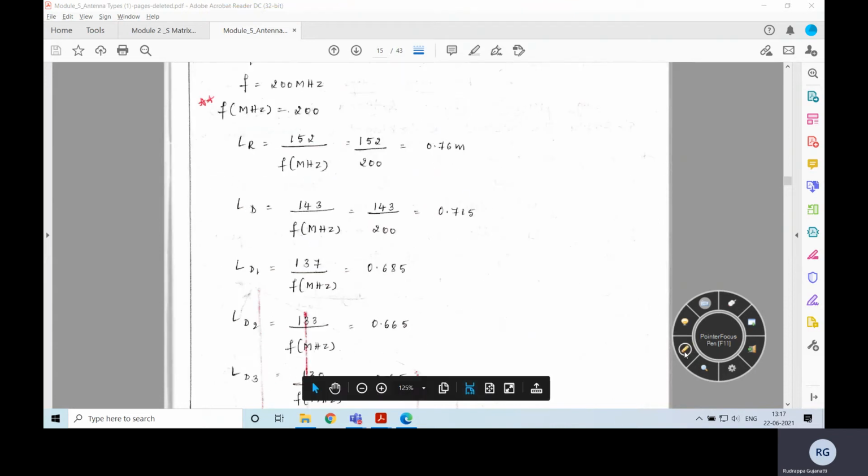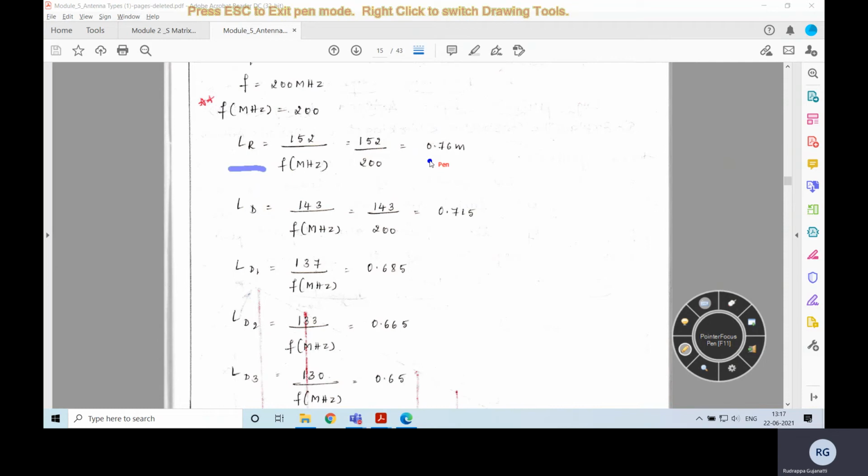Now let us identify the lengths based on the equations we have discussed. For the given frequency, the length of the reflector turns out to be 0.76 meters. The length of the driven element is around 0.715 meters.